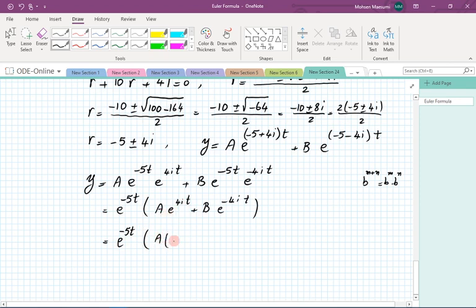Euler said this is cosine of 4t plus i sine of 4t. And then Euler again says this is b times cosine of minus 4t plus i sine of minus 4t.